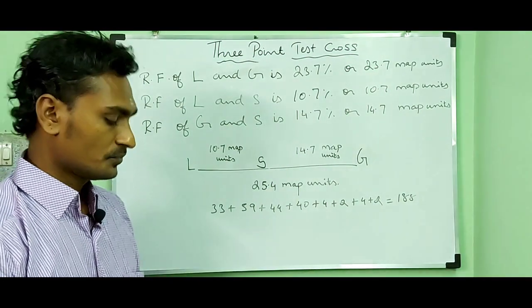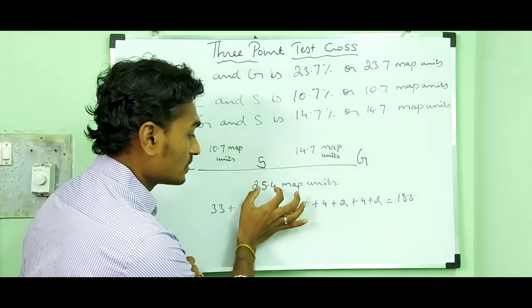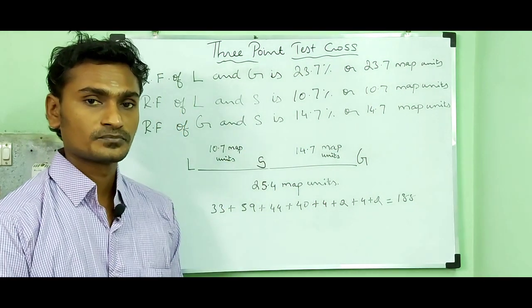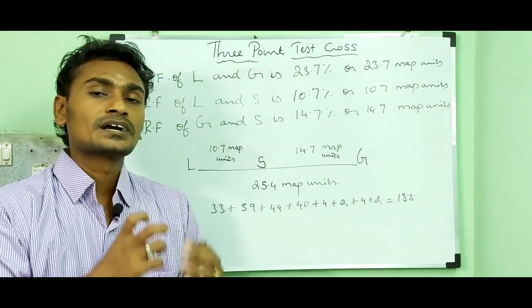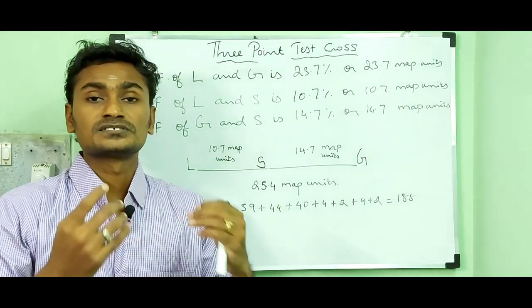So now you can find this value, 25.4 map units. So we failed to count the double recombinants which were produced from double crossovers.